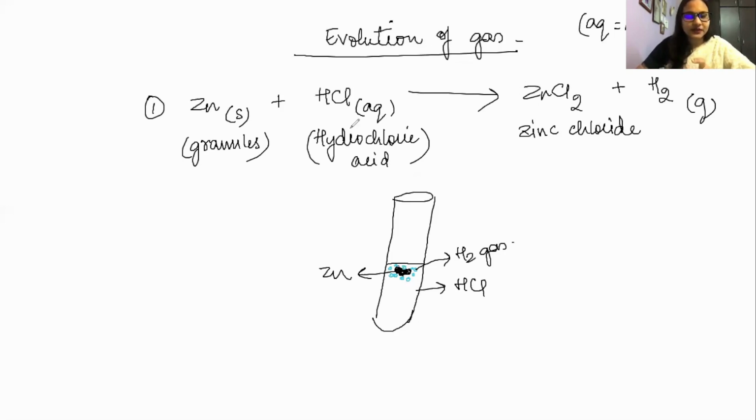I had mentioned that HCl was dissolved in water. In the same test tube, you have zinc chloride remaining dissolved in water, so we mention its state as AQ, aqueous. So this is the entire reaction with the names of the reactants and the products, along with their state symbols. This is the example for evolution of gas.